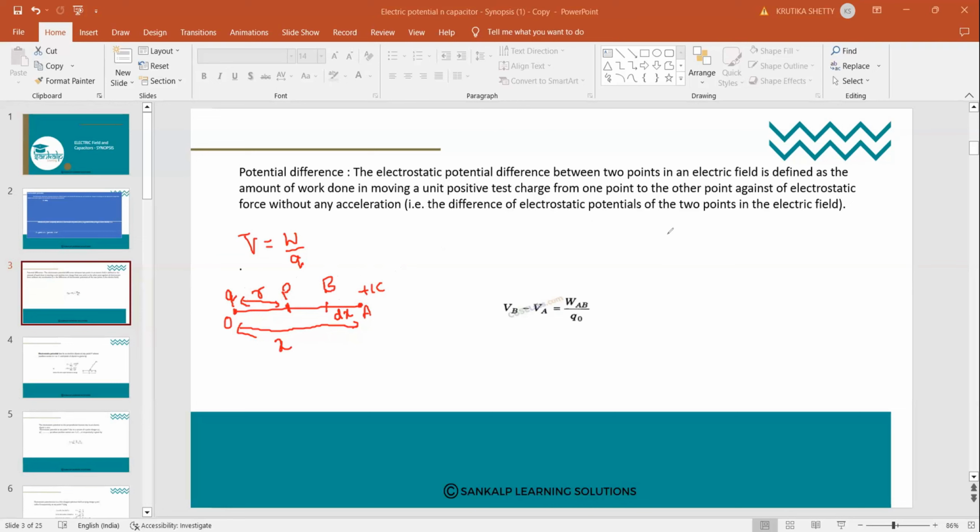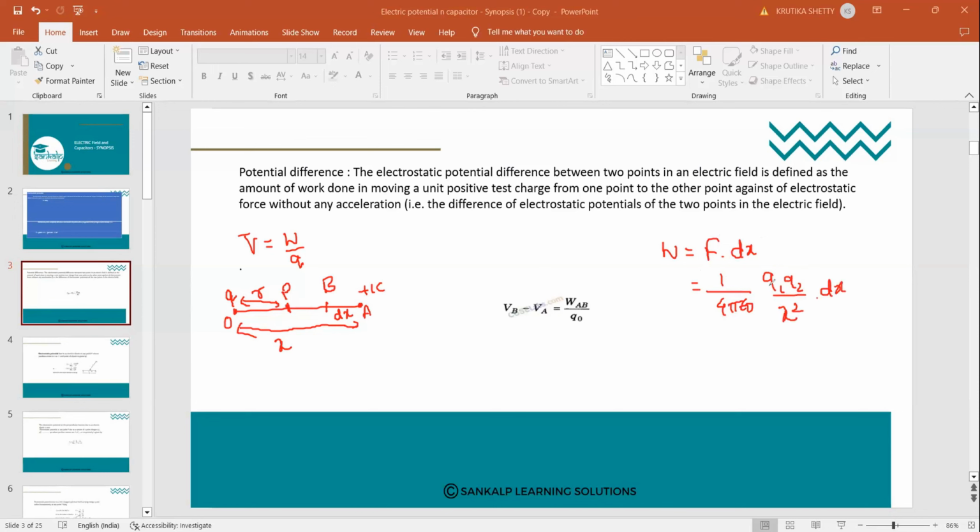Now, how do we do the derivation? Here we start with work done equals force into displacement dx. The force we will substitute from Coulomb's law: 1/4 pi epsilon naught q1 q2 upon r square. Here r square is x square, with respect to dx.